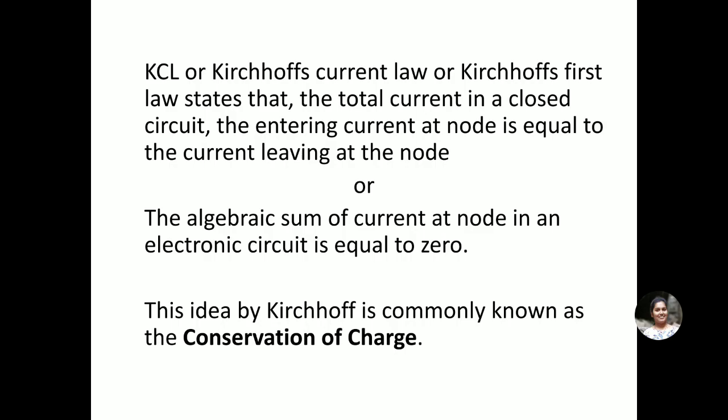As we have already discussed, a node is a junction point, a connecting terminal of two or more circuit elements. So at a particular junction or node, the sum of the currents entering the node is equal to the sum of the currents leaving that particular node or junction.